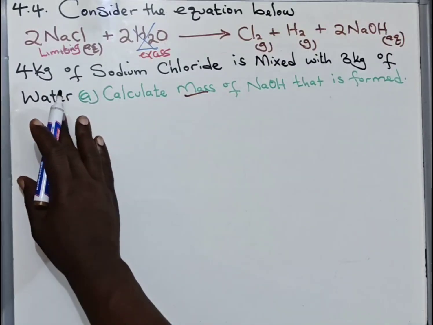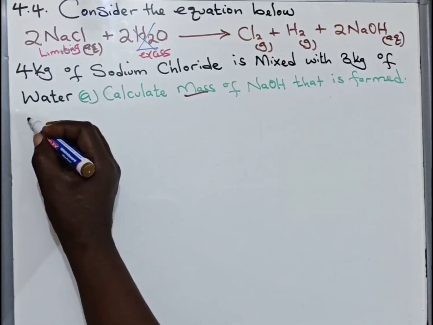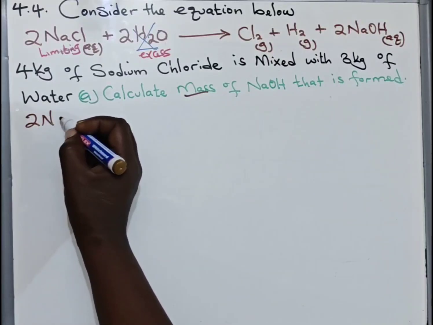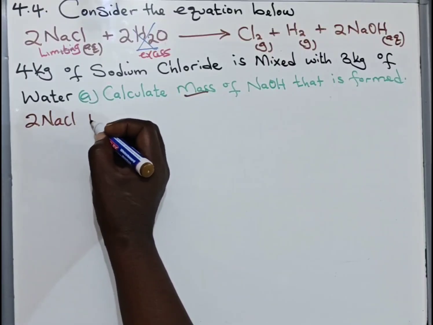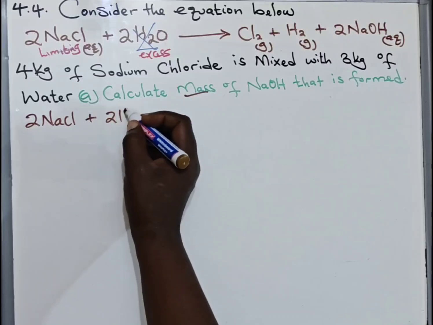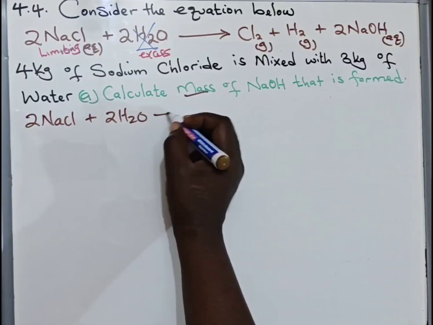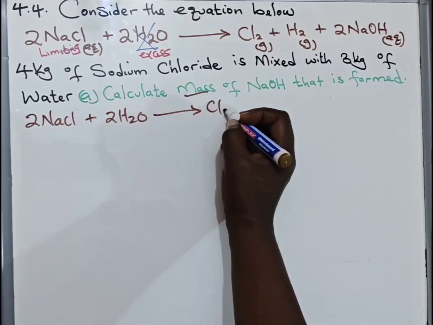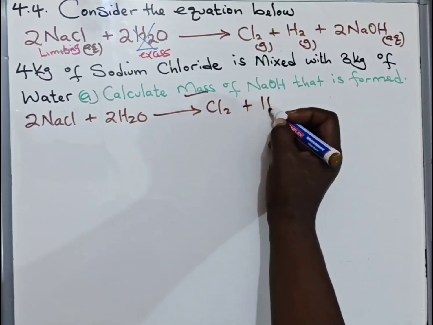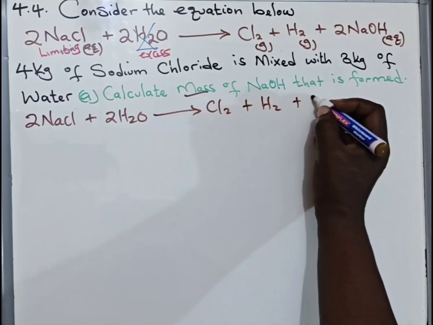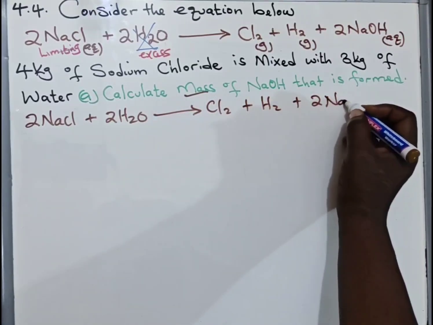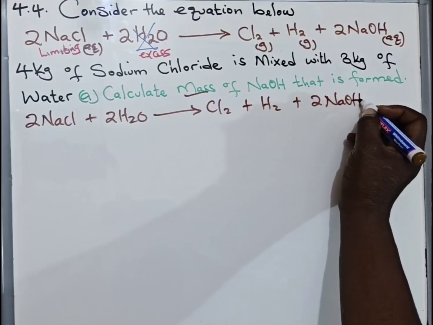Here, I would urge you to rewrite the equation, which is going to be 2 sodium chloride plus 2 water, giving you chlorine plus hydrogen plus 2 sodium hydroxide.